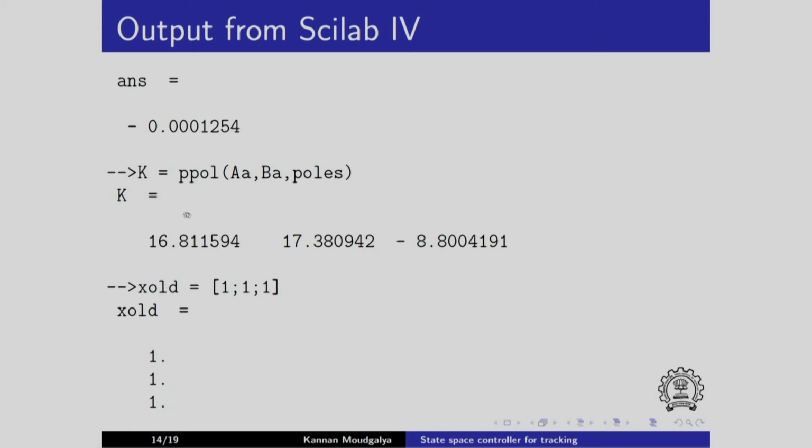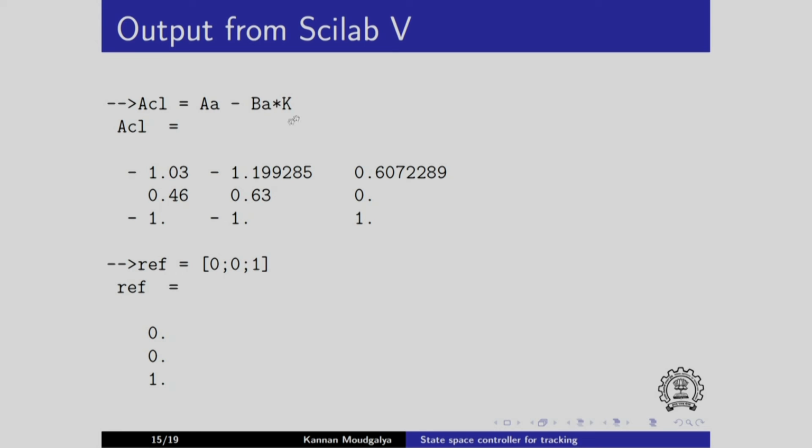This is how you place in Scilab, and we take the initial state to be 1, 1, 1, and here is the closed loop matrix. The reference signal is 1, that is, we want the states 1 and 2 combined to be equal to 1.